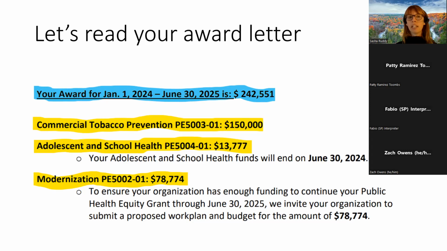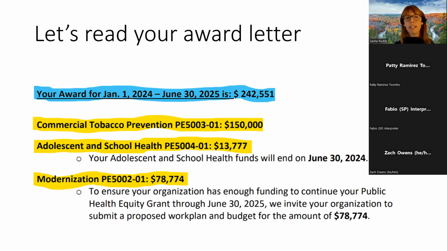On here we see commercial tobacco, the name, the program element number. So we have the program element, both name and number, and then it's funded for $150,000. The next one on the list is adolescent and school health with the name, the number, and then it's funded $13,777.